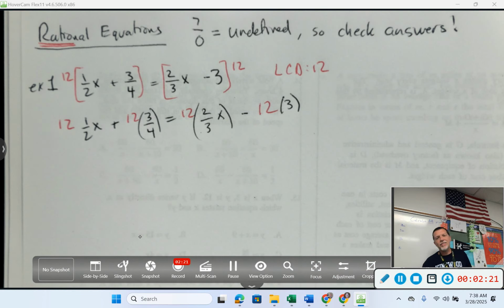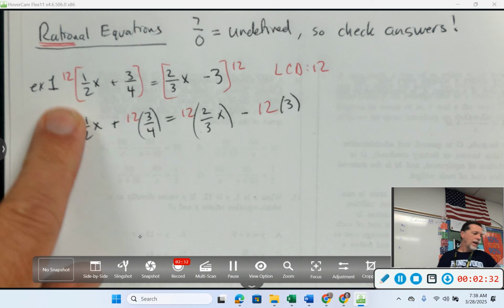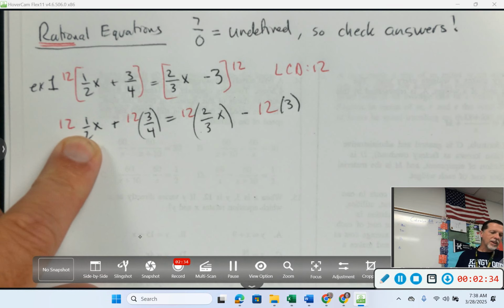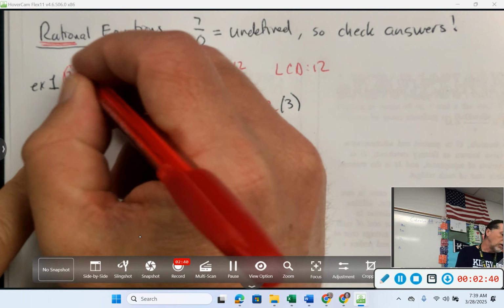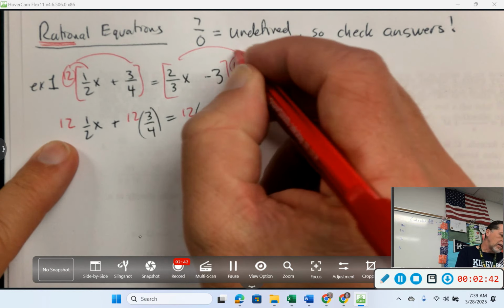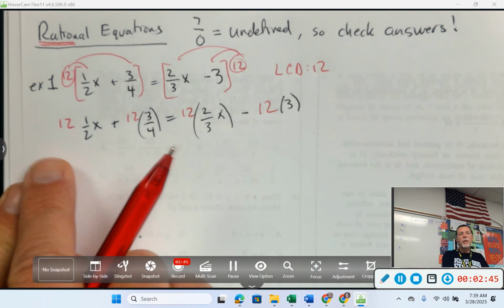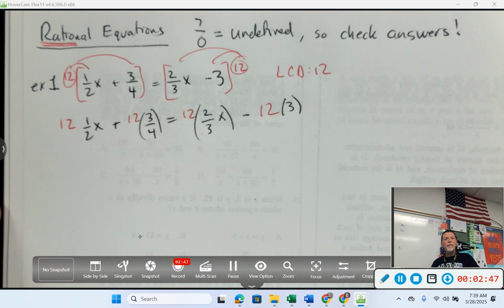But that step is to show that I have to multiply every single term by 12. The trouble that people will get into is they'll write the 12 out front, and then they'll multiply 12 by half and get 6, and then leave the 3/4. Like, not distribute the 12. So, again, most of you are not going to show that second step, but make sure your brain does that second step where everybody gets the 12.